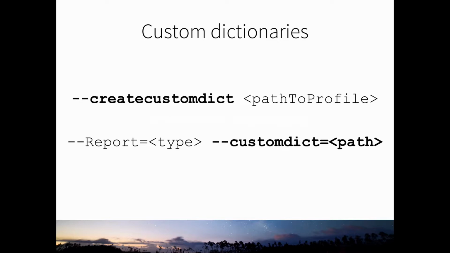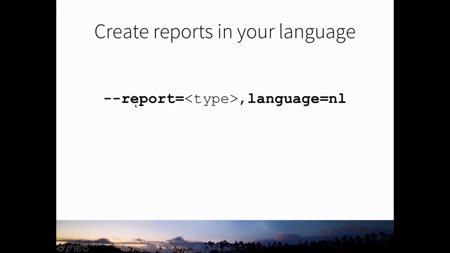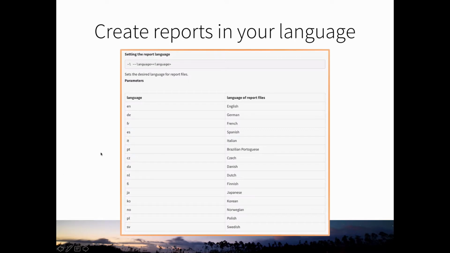So you could replace one string with another. A secondary use of this could be to add a new language to the languages that are supported in the pdfToolbox. You can see these are the languages by default supported in reporting for pdfToolbox. So you have English, German, French, Spanish, and so on.